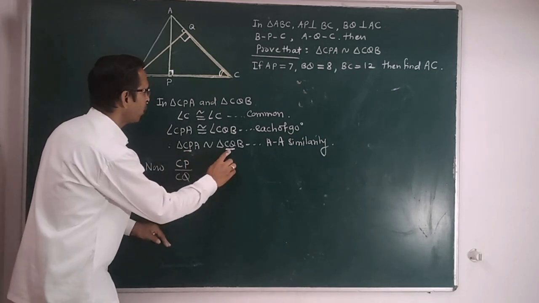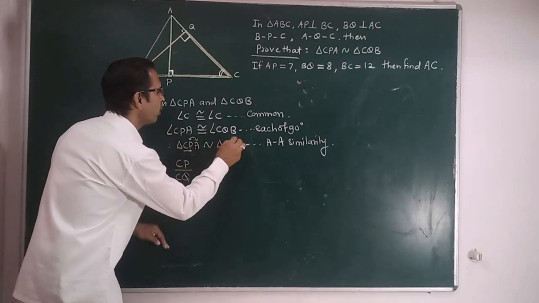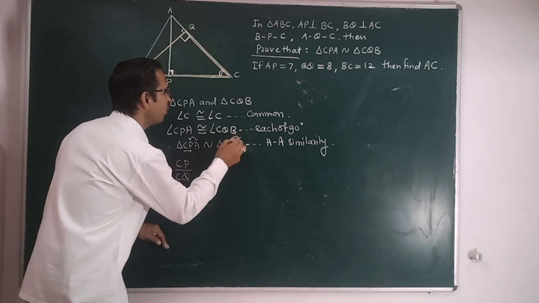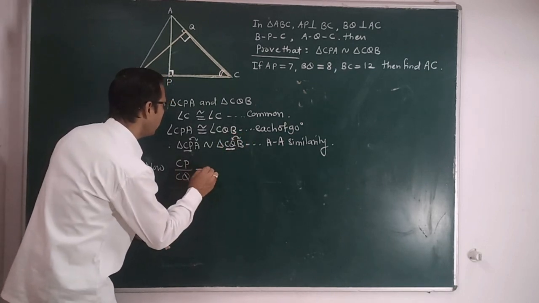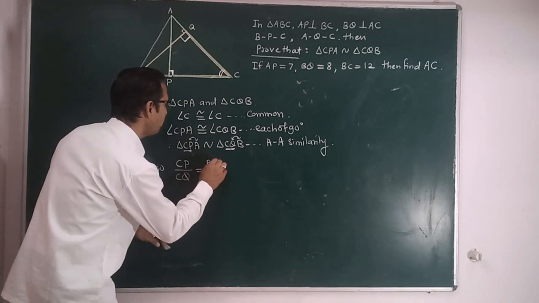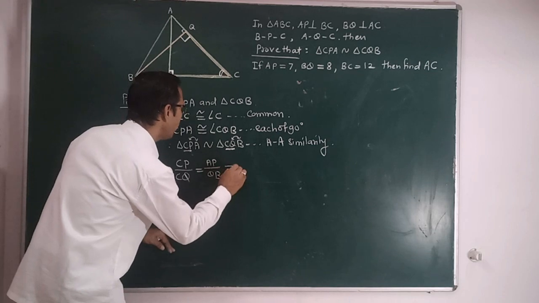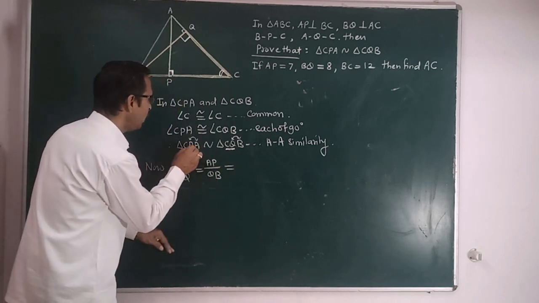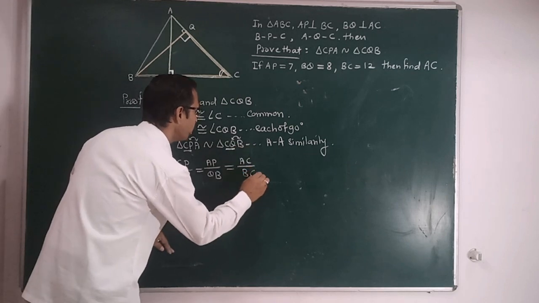The second side, PA and QB, so PA or AP divided by QB, and the third side is CA or AC divided by BC.